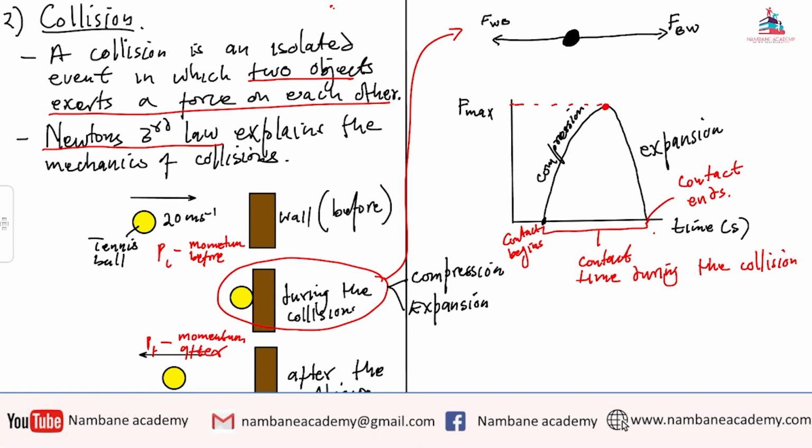Ladies and gentlemen, the most important part is that during a collision, let's consider two cars. How can you tell that there was an accident when you are sitting inside your house?